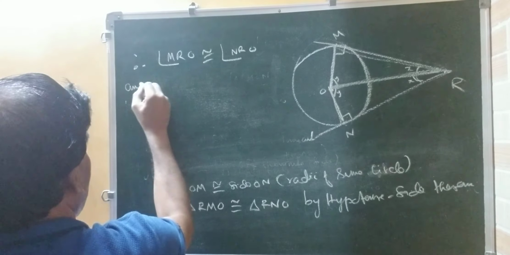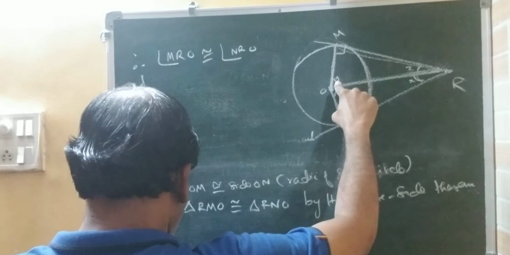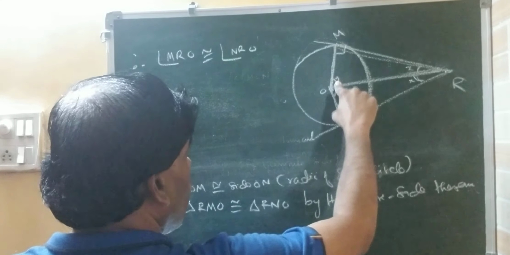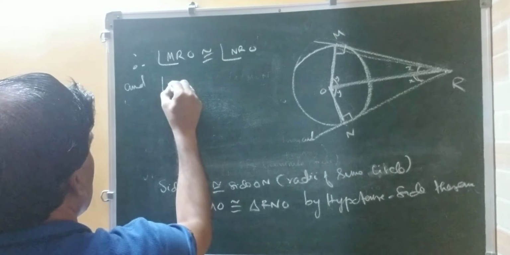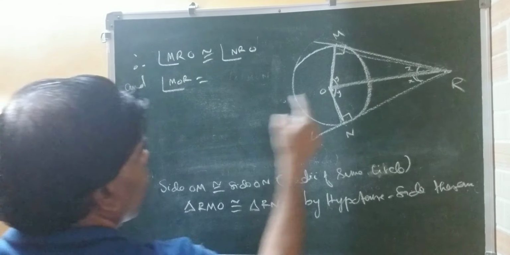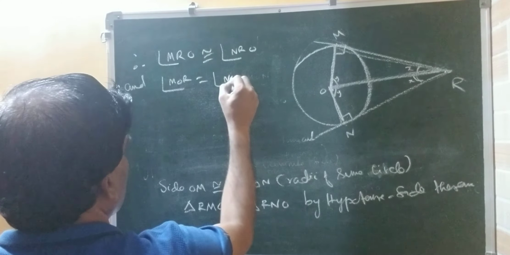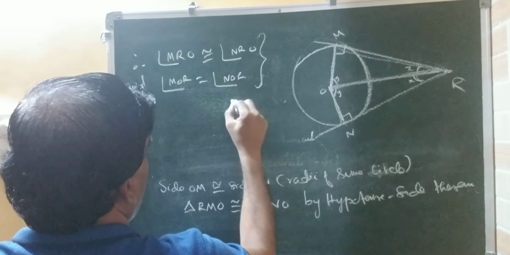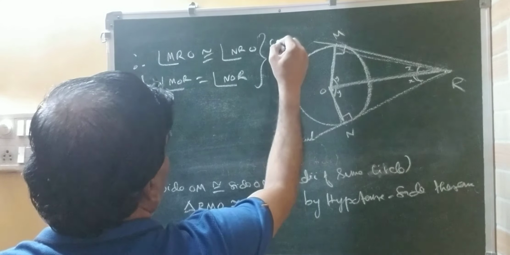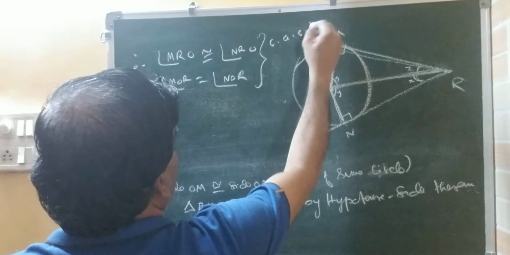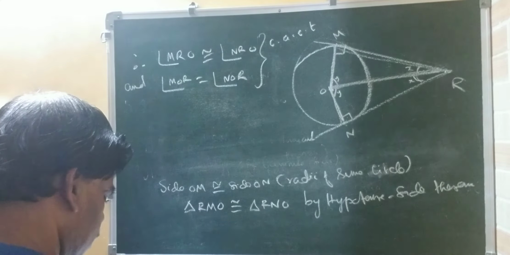And what is this angle? Angle MOR is congruent to angle NOR by congruent angles of congruent triangles.